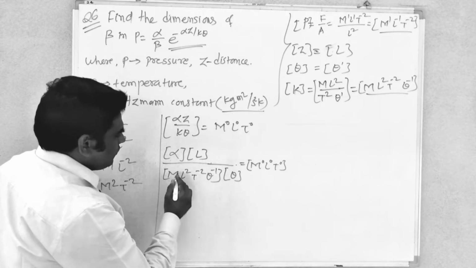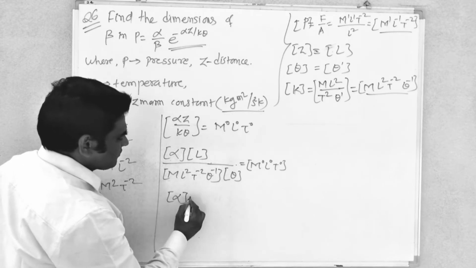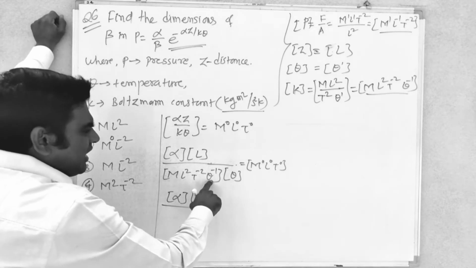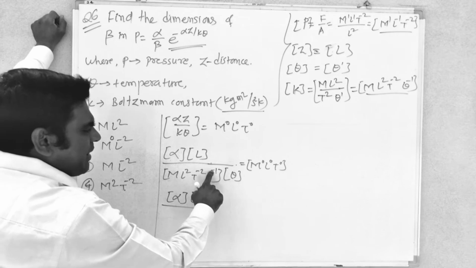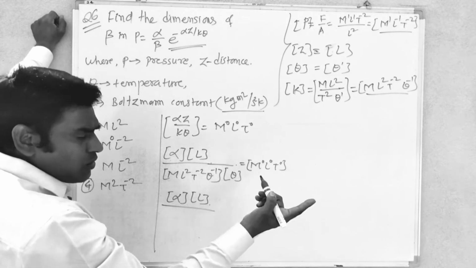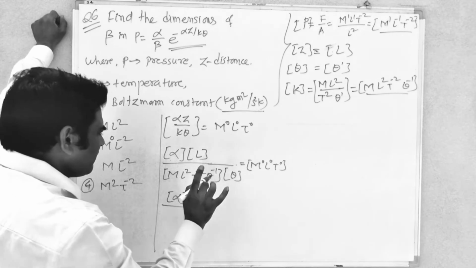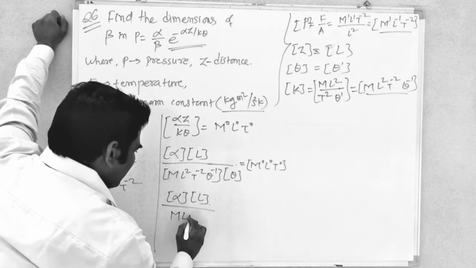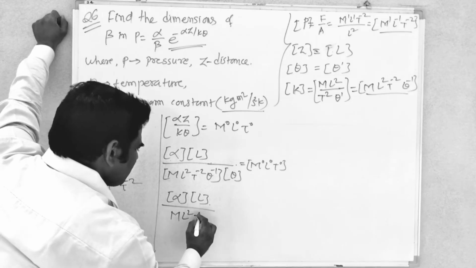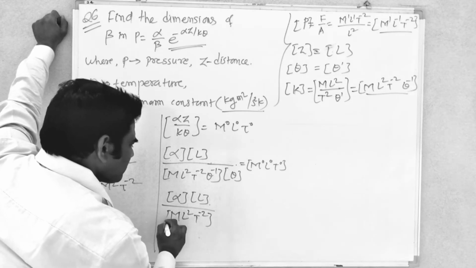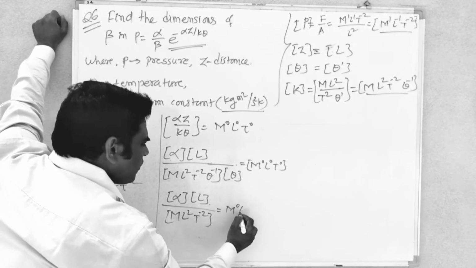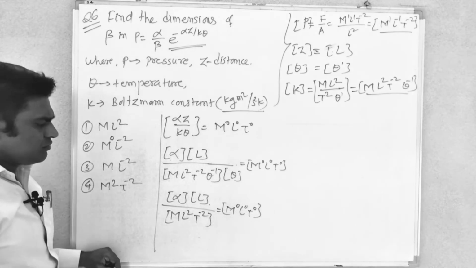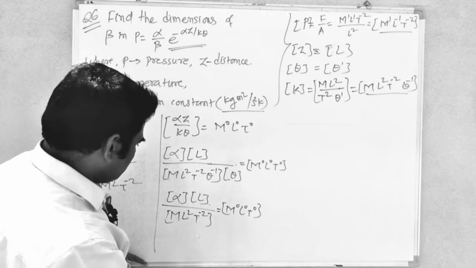Here again we simplify: theta to the power minus 1 plus 1 becomes 0, so we can eliminate that term. So alpha times L divided by M L square T minus 2 is equal to M0 L0 T0.